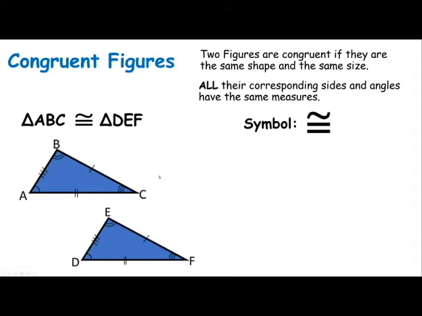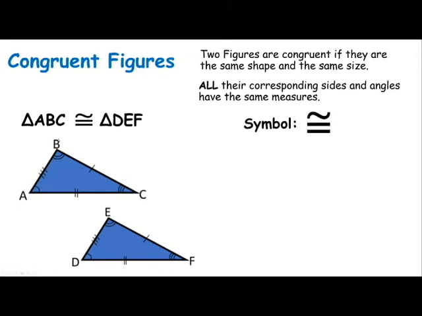But what that means is very, very specific. Notice that angle A is written first in this name, and angle D is written first in the name of the second triangle. And you'll notice that angle A has one mark in it, and angle D has one mark in it. All of these things indicate that if these triangles are congruent, angle A and angle D are corresponding, or they are matched to one another, and as a result, their measures are congruent.